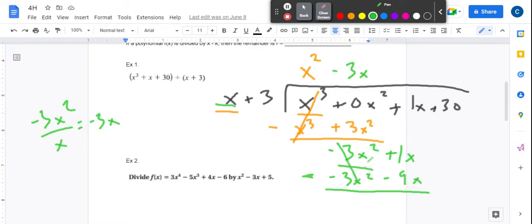Again, the 3x squareds cancel out. 1x minus negative 9x was negative 10x. Okay, and then we'll bring the 30 down here. Again, now we're going to divide our negative 10x by x.